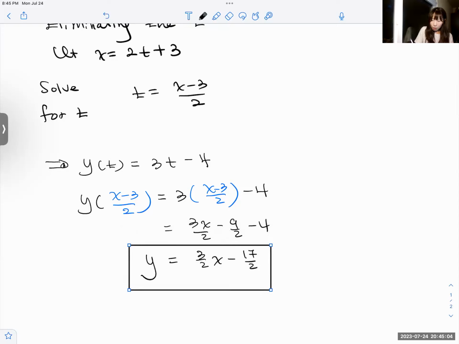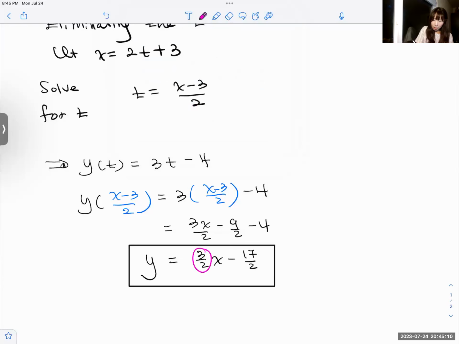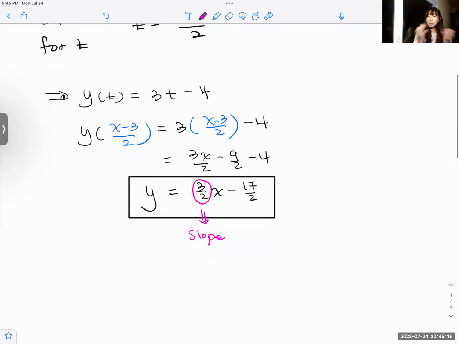Okay, then we know that this is a slope, right? In an algebra course, we denote the slope as m, and in calculus we denote it as dy over dx, right?